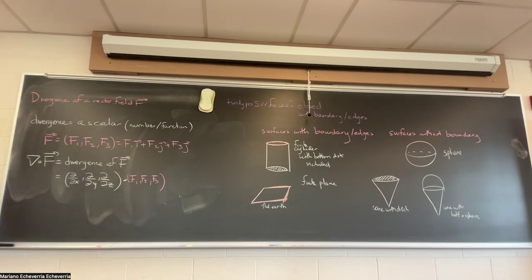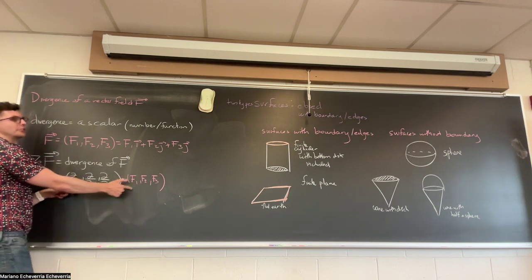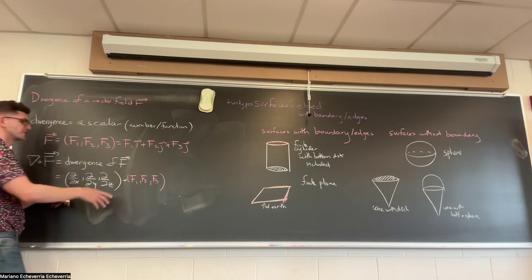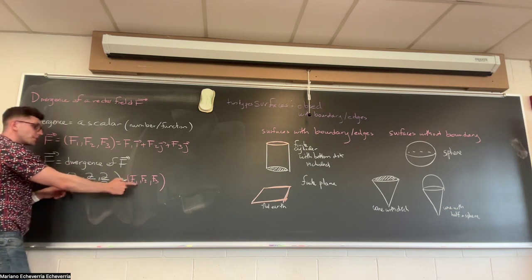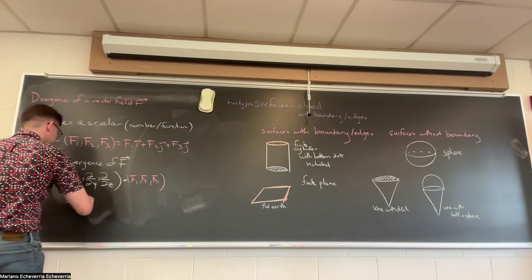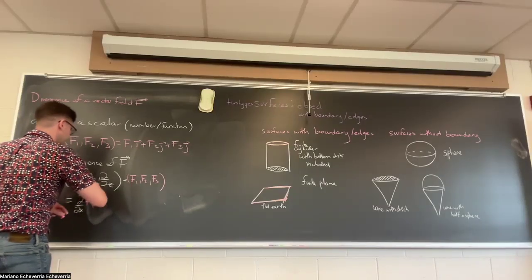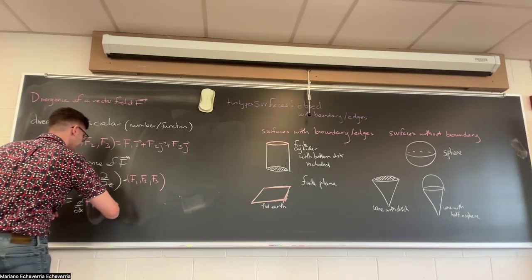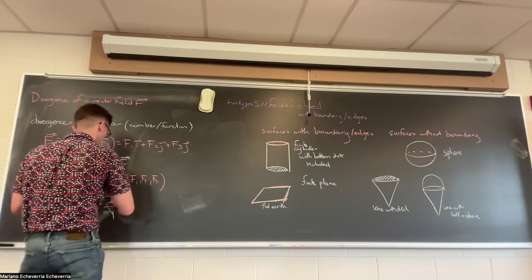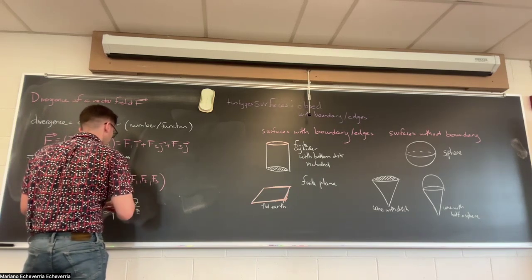But then you want to do the dot product between these two things. So you have to ask, what does it mean to take a dot product? If you just multiply them, what does it mean to multiply them? The interpretation here for multiplication is to take the partial derivative of f1 with respect to x, for example. So you take the partial derivative with respect to x of f1, and you add the partial derivative with respect to y of f2, and you add the partial derivative with respect to z of f3.